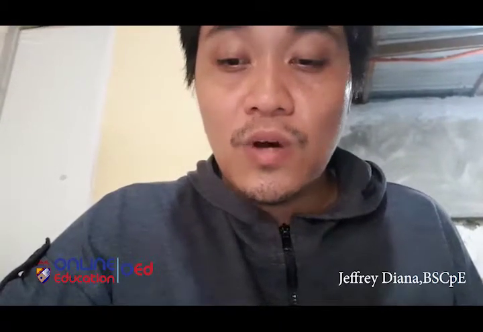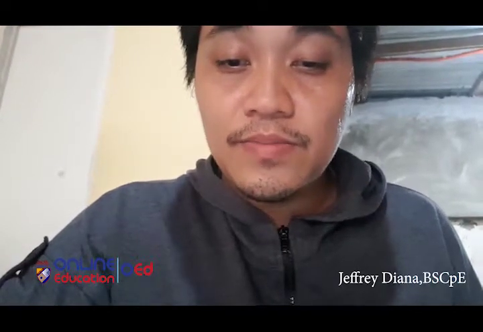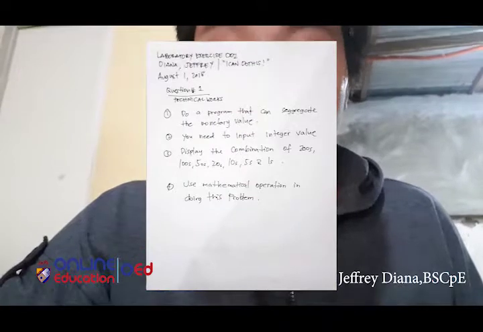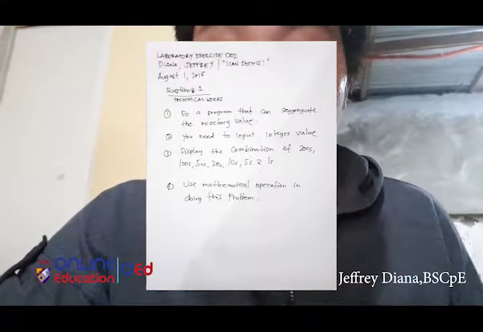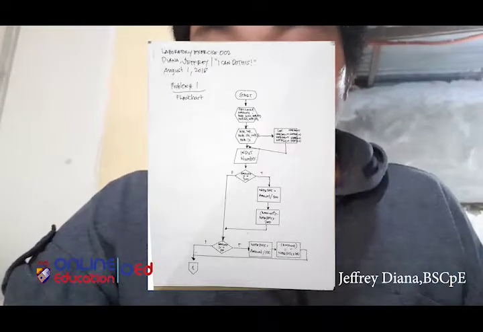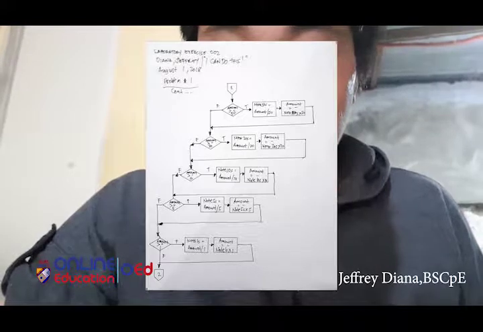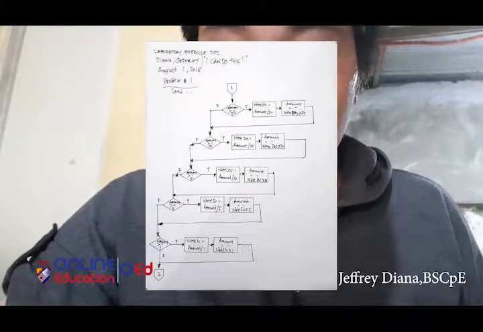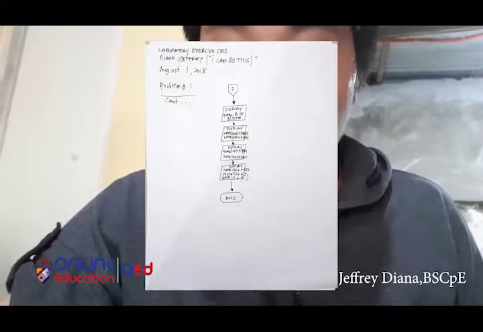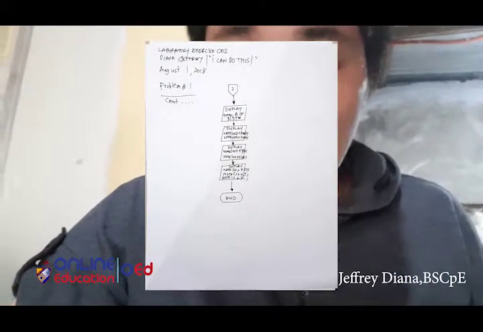Then note 200s is equal to 250 divided by 200, which is 1. So amount is equal to note 200, which is 1, times 200. Then the remaining is 50.